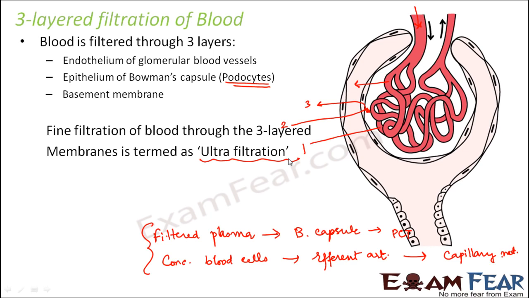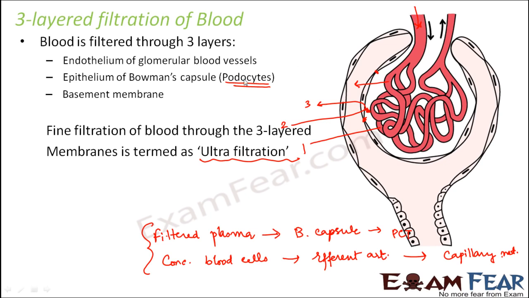Okay, now another important point to note here is that these podocytes, as I said, the epithelial cells of the Bowman's capsule, are arranged in such a way that there are minute pores in between. So there are minute gaps in between. Because you might ask, if this plasma is filtered and it moves from the glomerulus to the Bowman's capsule, where is the gap that they can move through?